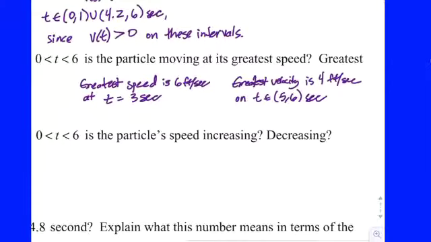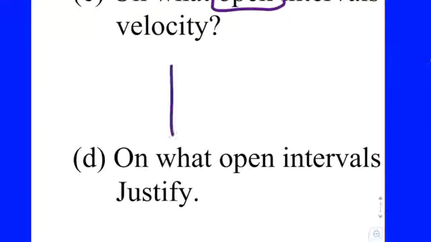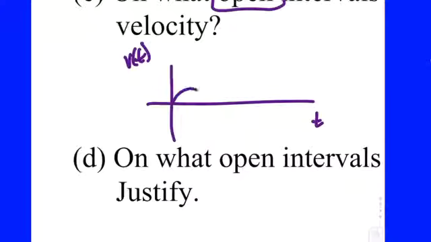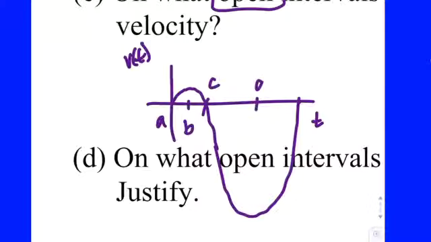That right there is like one multiple choice question. I'm thinking right now of a multiple choice question from long ago where it had something like this, and then it went way down here, and it was A, B, C, D, and E. And the question just said, at what value of t is the speed the greatest?